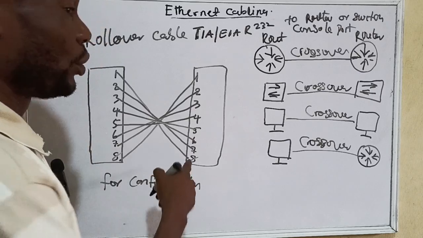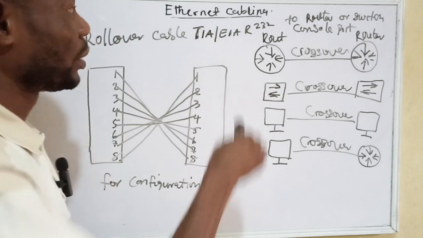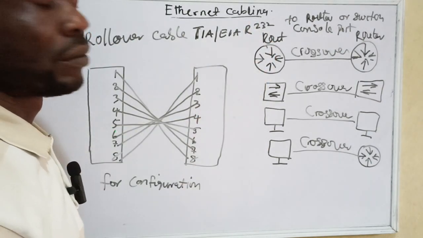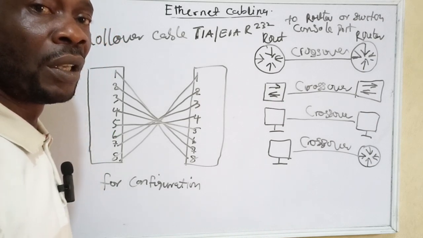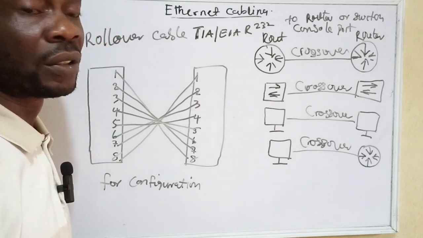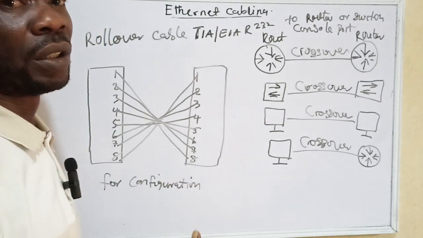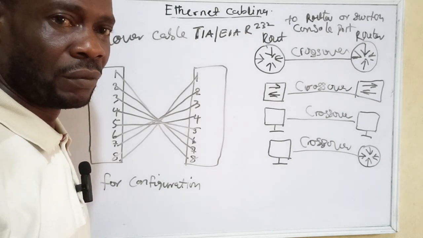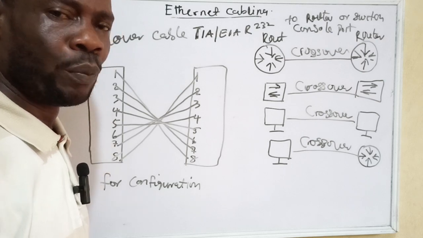You don't connect this to the computer's RJ45 connector. You connect it at the back of the computer system to the router's console port or switch console port for configurations. After the connection, you go to the computer and launch hyperterminal software or PuTTY.